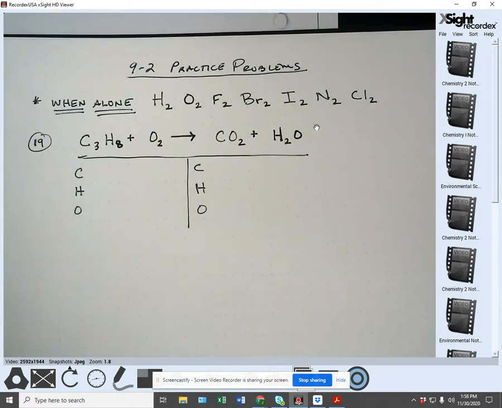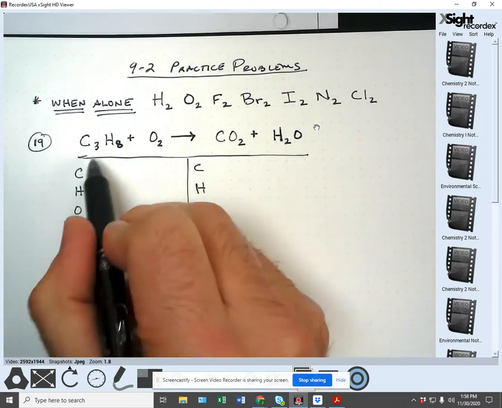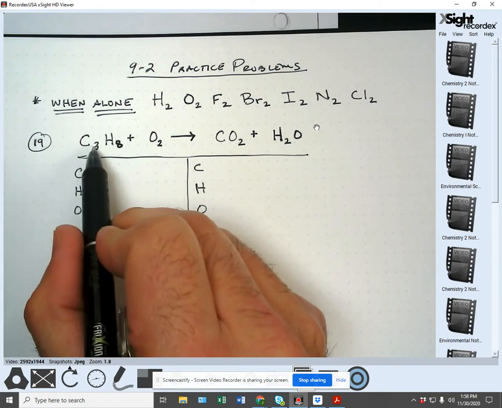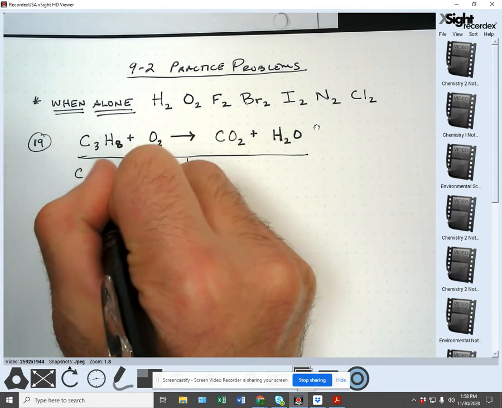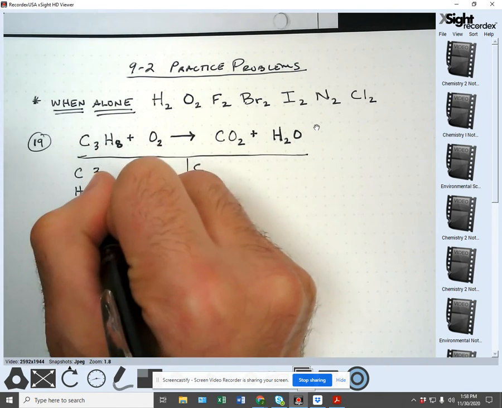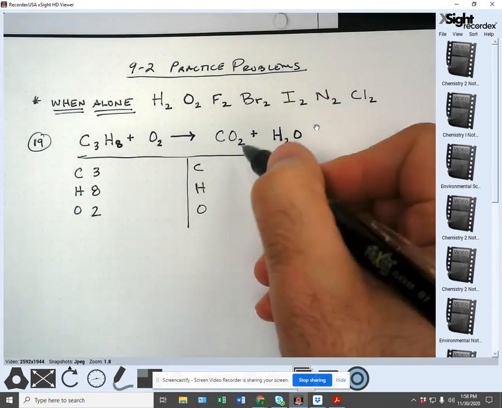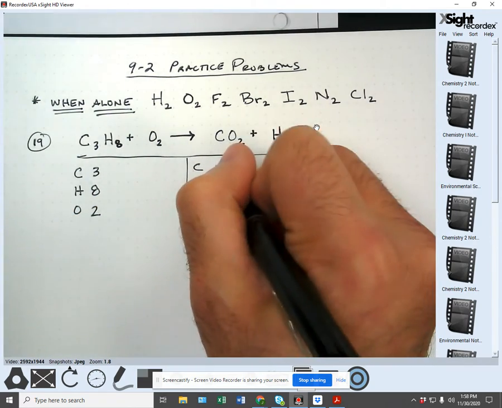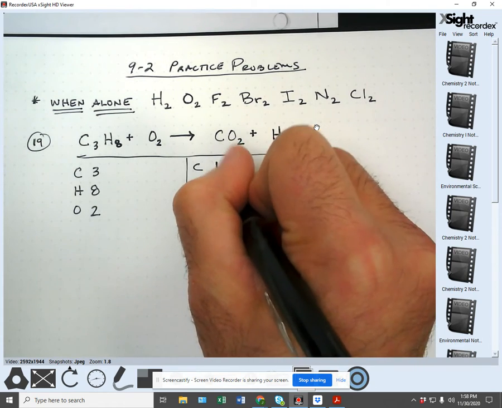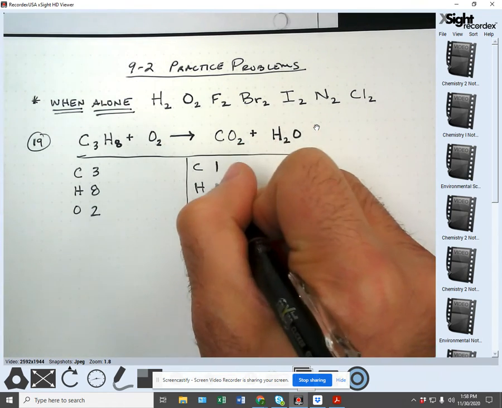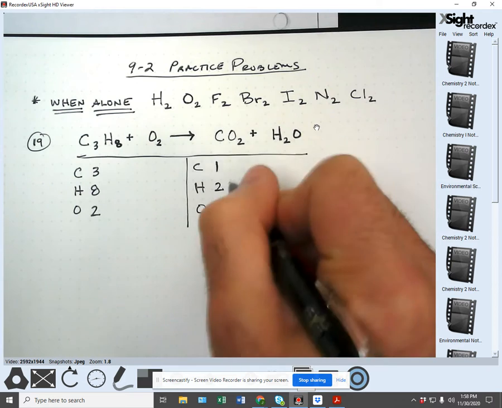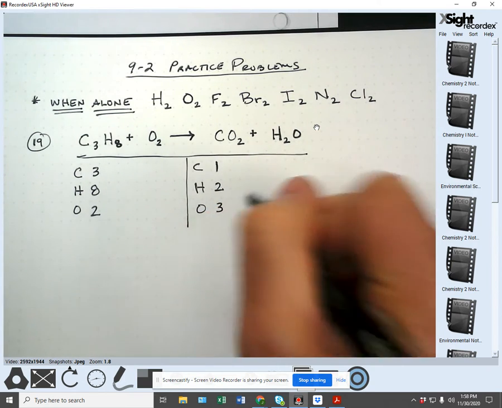On the left side, we have carbon, there are 3 of them. Hydrogen, there are 8. Oxygen, there are 2. On the right side, carbon, there is 1. Hydrogen, there are 2. And oxygen, there's 2 and 1 is 3.